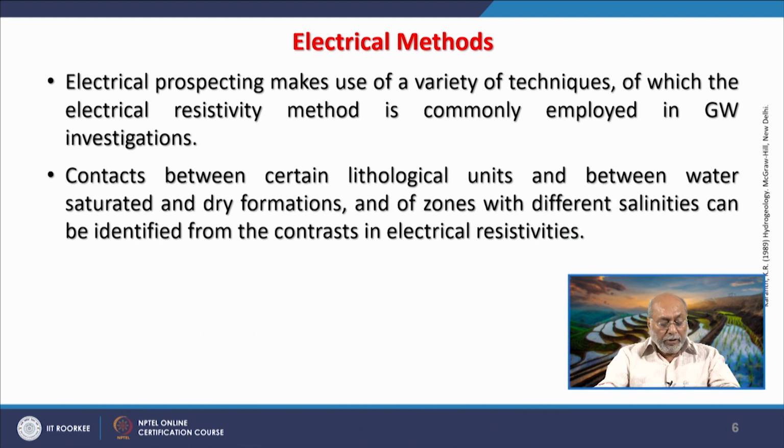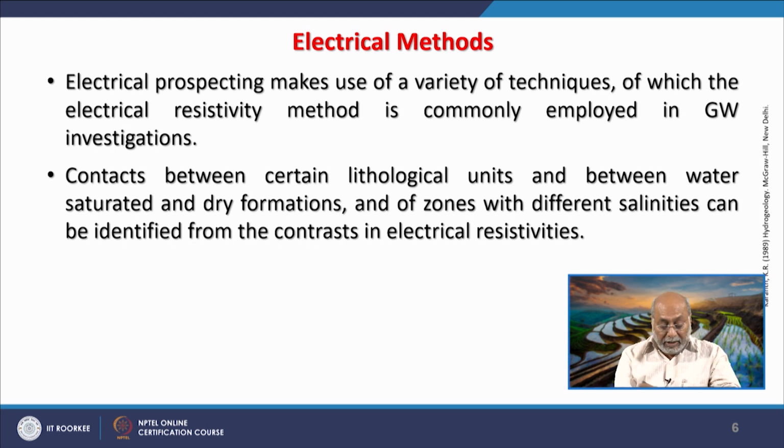So, the contrast between certain lithological units and between water saturated and dry formations. That means we will be getting a water table between the saturated formation at the bottom and the dry formation on the top, and the zones of different salinity can be identified based on these resistivity methods.